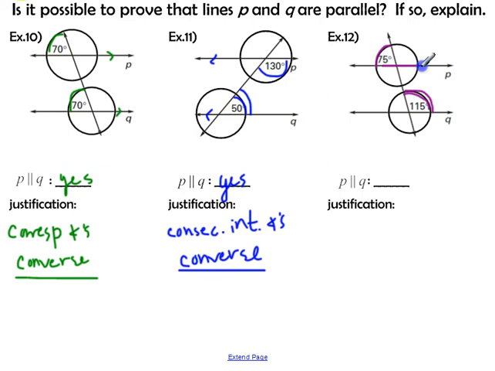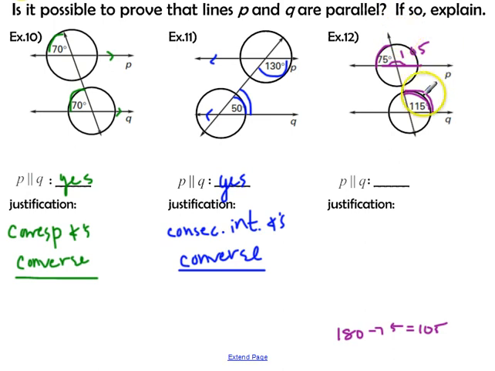So what is something we can say is true? 75 and this angle right here, this unknown one, are going to be supplementary because they're a linear pair. So if we take, and this is side work, 180 minus 75, that's going to give us 105. So this angle is actually 105.